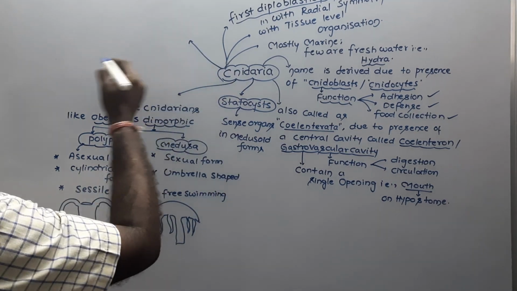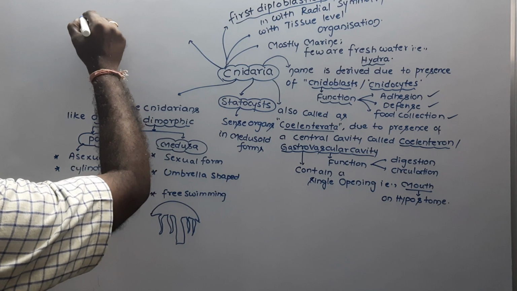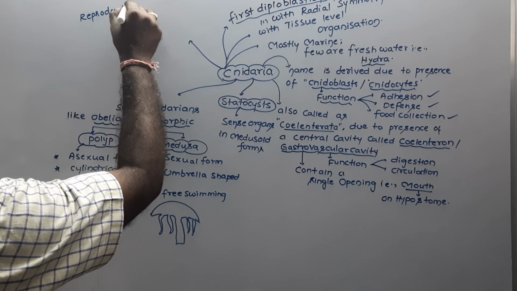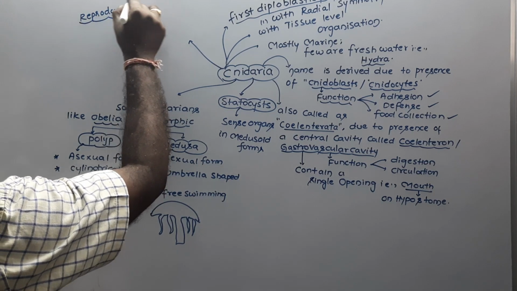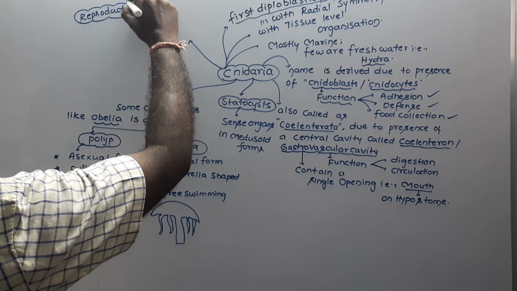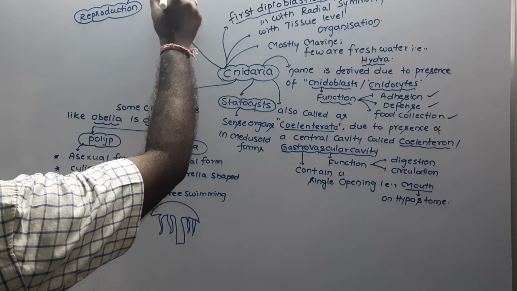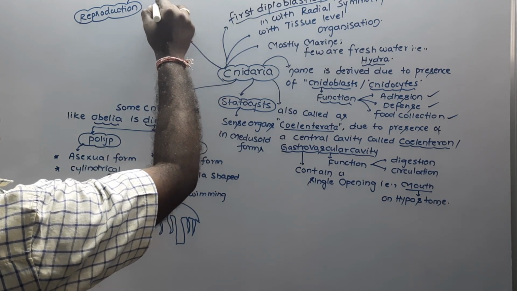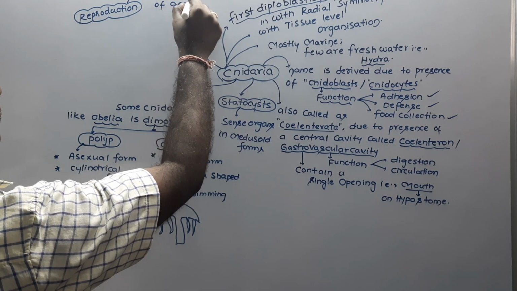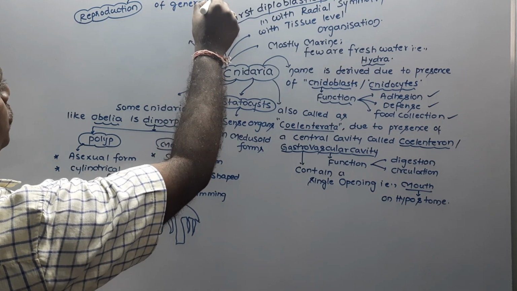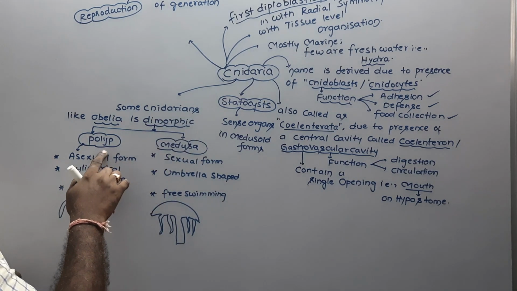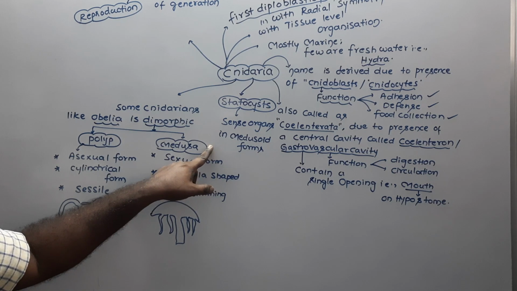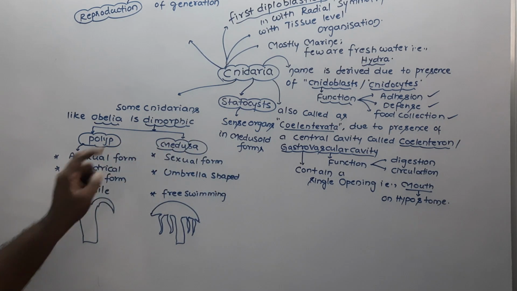And next, reproduction. Before going into it, the reproduction is said to be alternation of generation. How is the reproduction? It is nothing but alternation. The polyp stage reproduces asexually and gives medusa. The medusoid stage undergoes sexual reproduction and gives polyp.